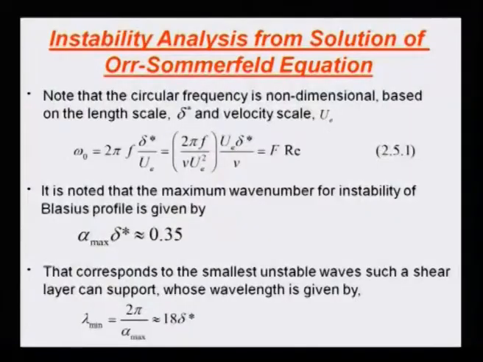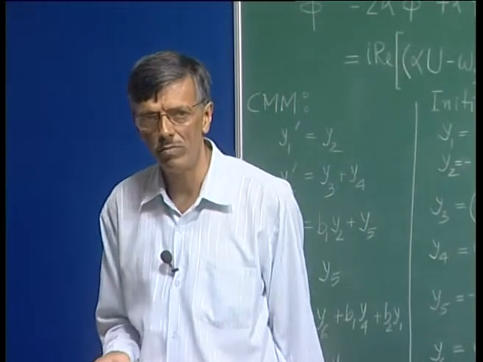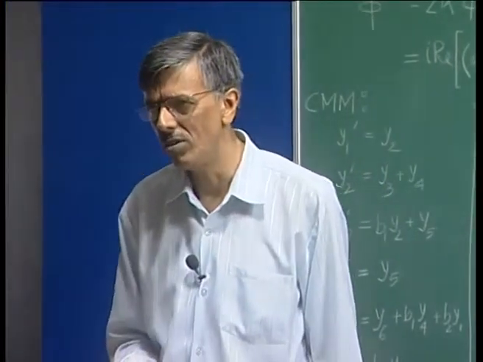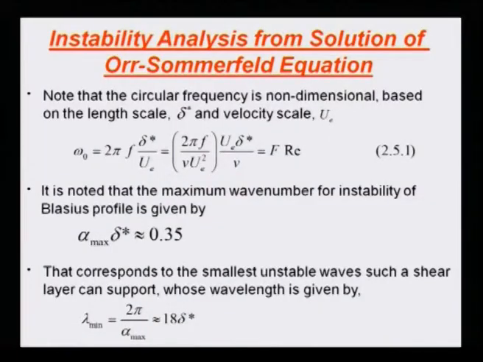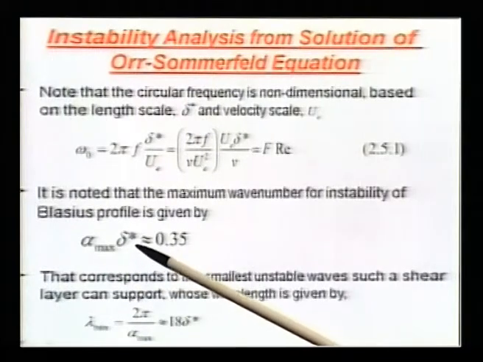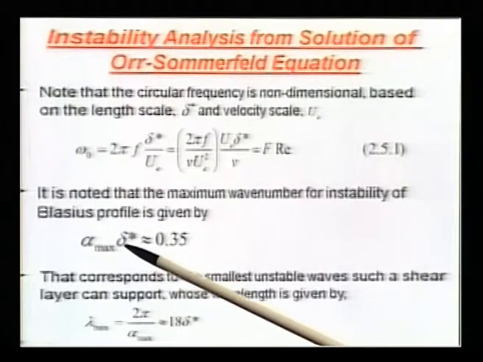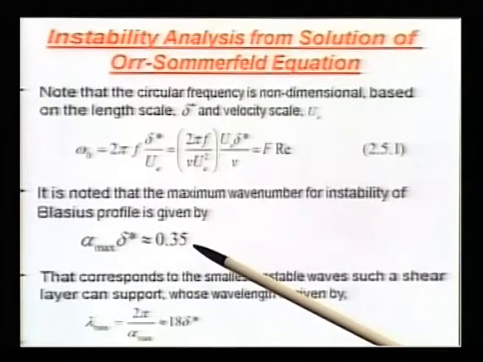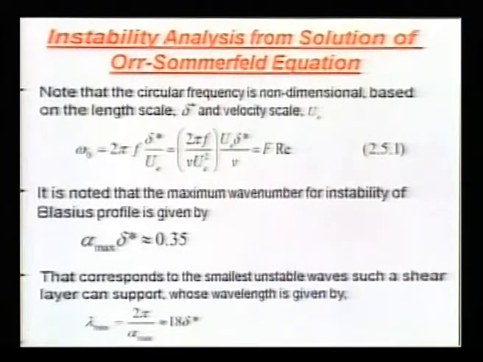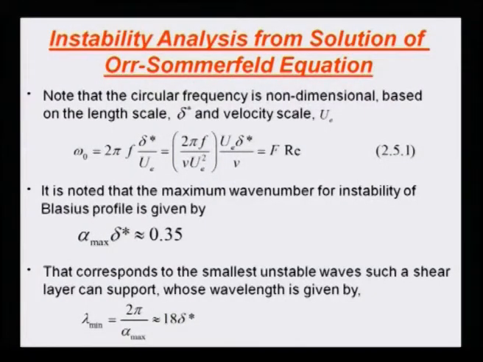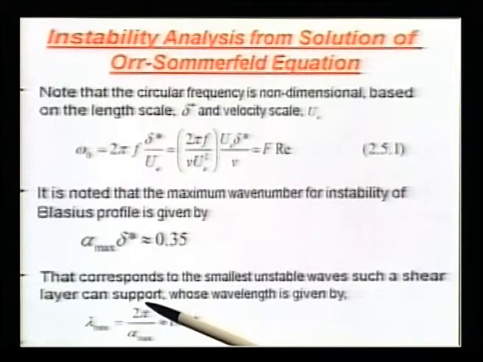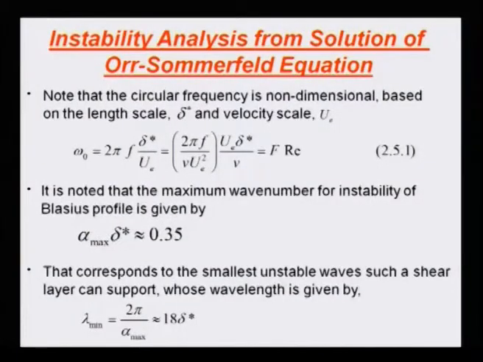Please do understand that all the quantities that we are displaying and noticing are non-dimensional. So, what is the dimension of alpha? Alpha has a dimension of 1 over length. So, essentially what I am writing as non-dimensional alpha, in a dimensional form it should be like this: I multiply by the length scale. So, alpha max is 0.35 by delta star, and that will correspond to what? Lambda min, the minimum wavelength, that will be 2 pi by alpha max, and that is roughly about 18 delta star.